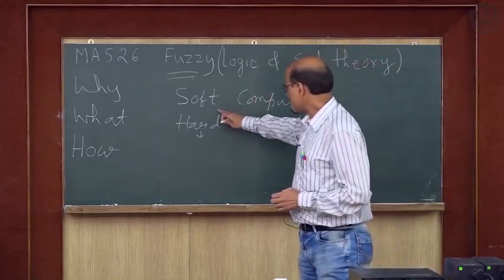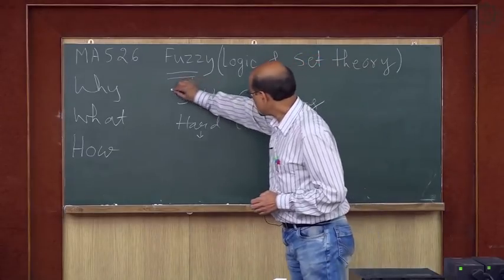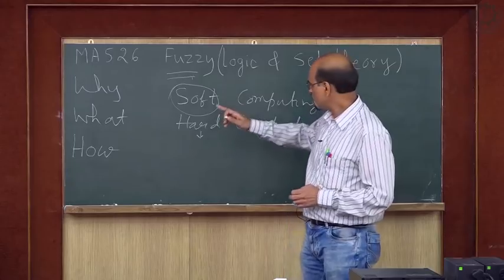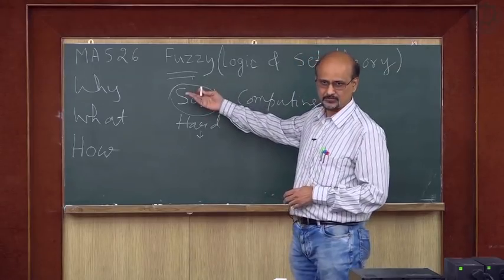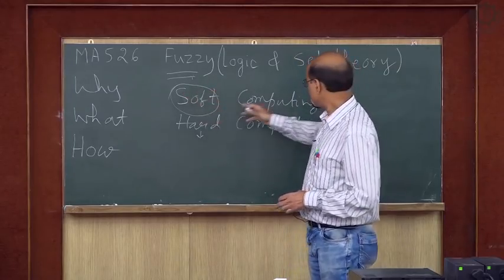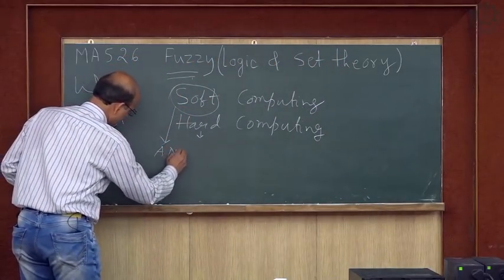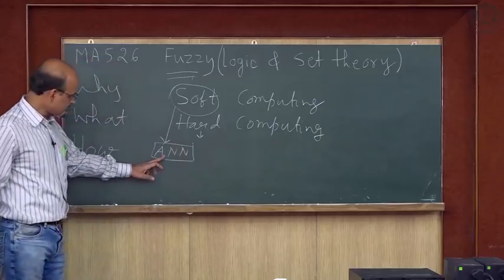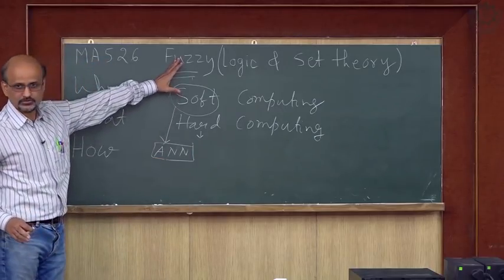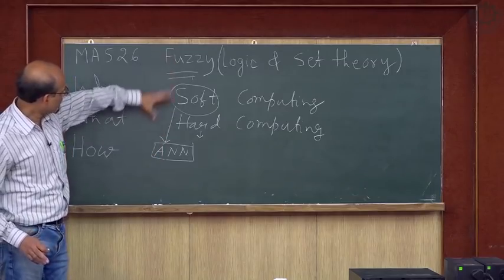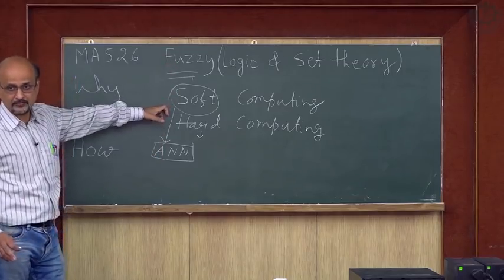Okay. In soft computing, we do not have those instructions one by one, but we have to use some example problems. Suppose ANN also comes in soft computing. Although this is not in your course, we can use this ANN plus fuzzy, that is called hybrid methods.